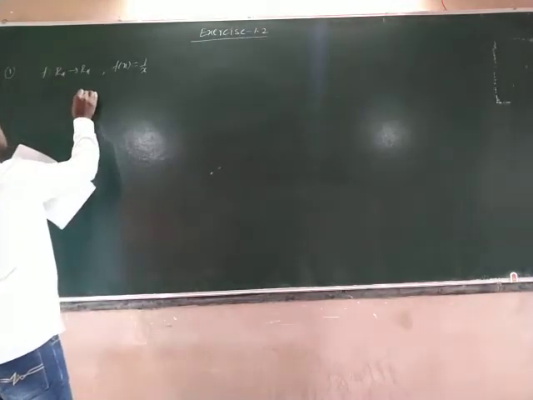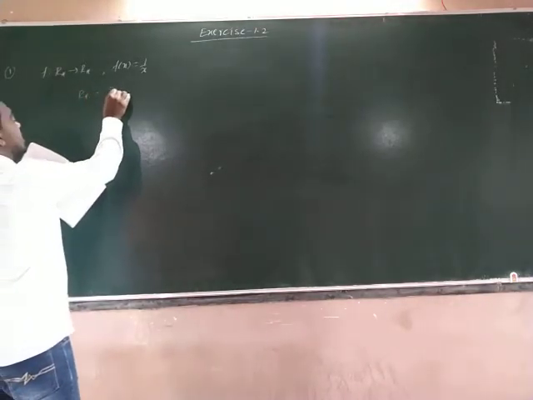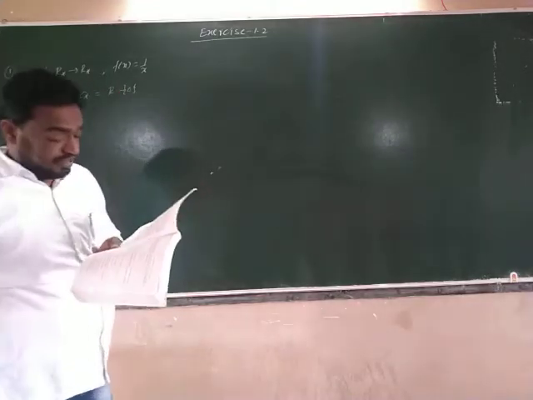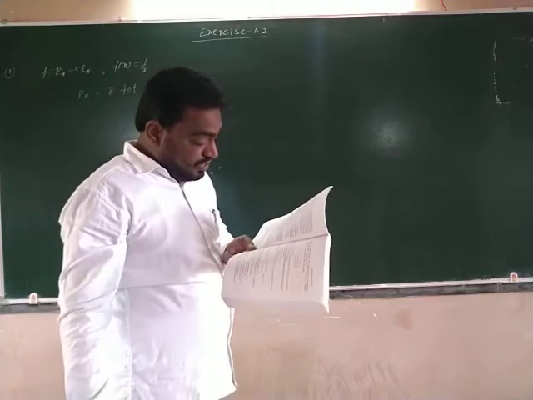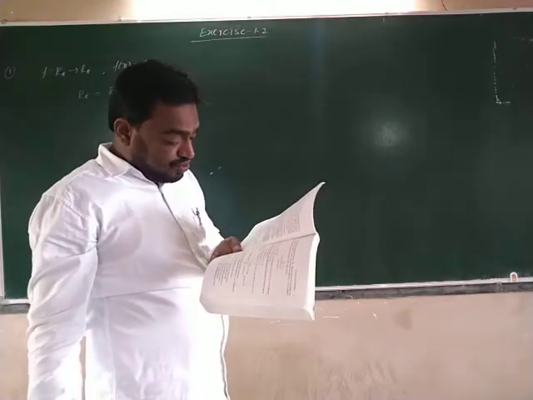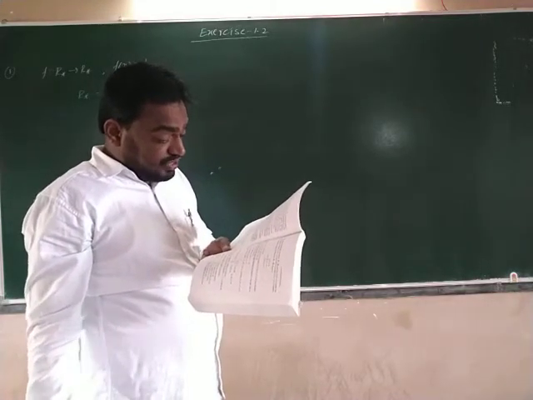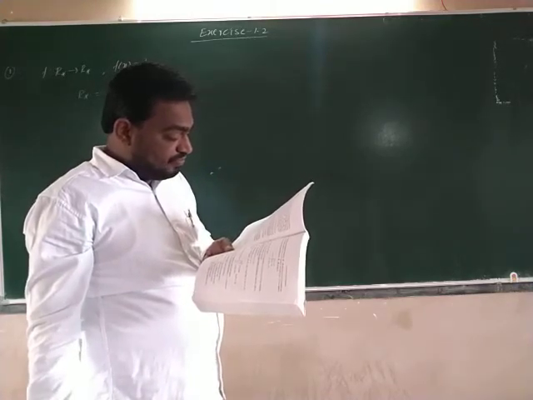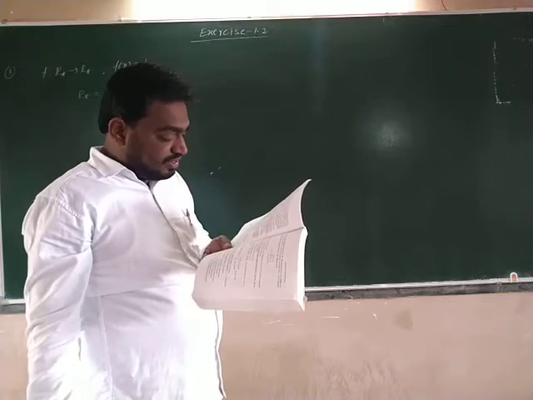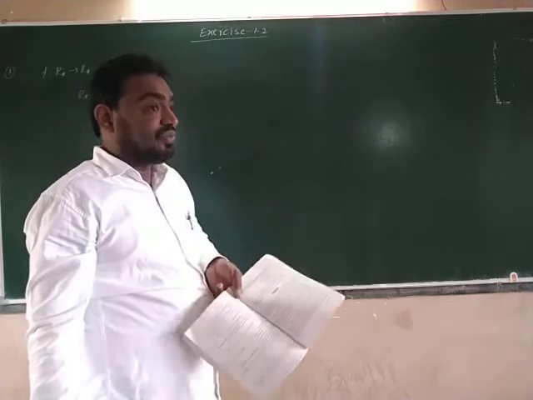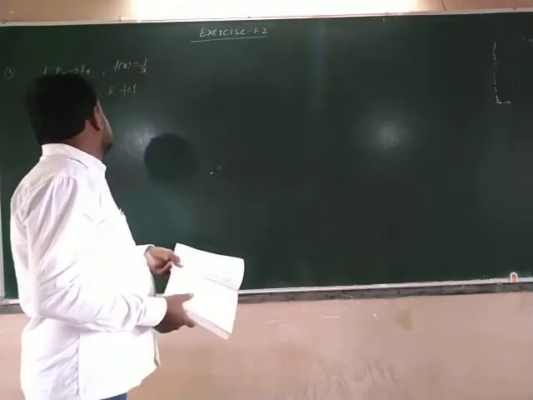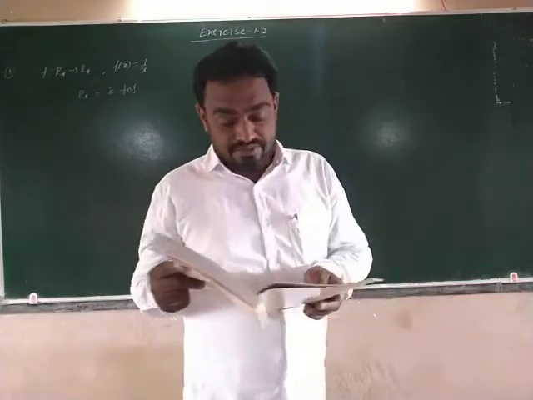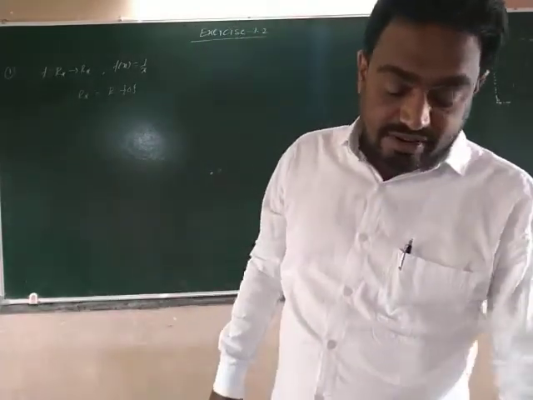Here, R star is the non-zero real numbers, that is, except 0. Is the result true if the domain R star is replaced by N with codomain being the same as R? So this is the question. First, we look at whether this function is one-one and onto. After that, we will see the remaining question.